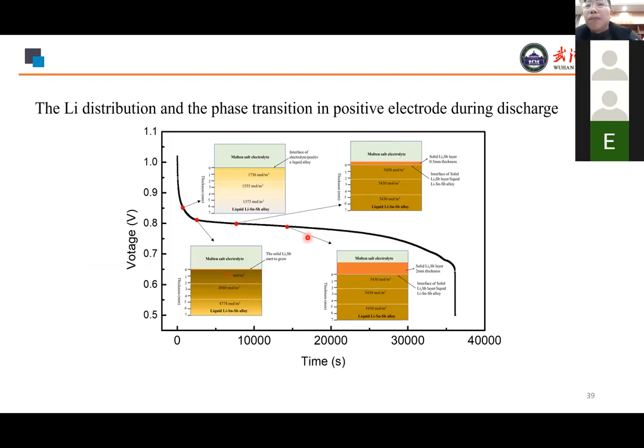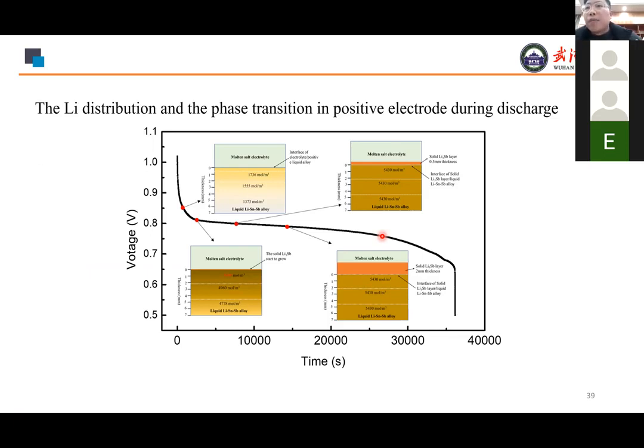By the two-step model, we can monitor the mass transfer and phase evolution process during discharge. The solid phase has a significant influence on the capacity rate performance, even the safe operation of the liquid metal batteries. Maybe the two-step model is a little simple.